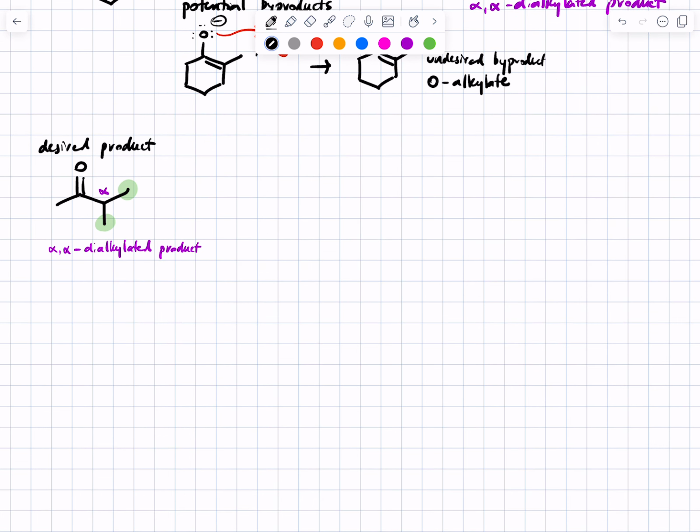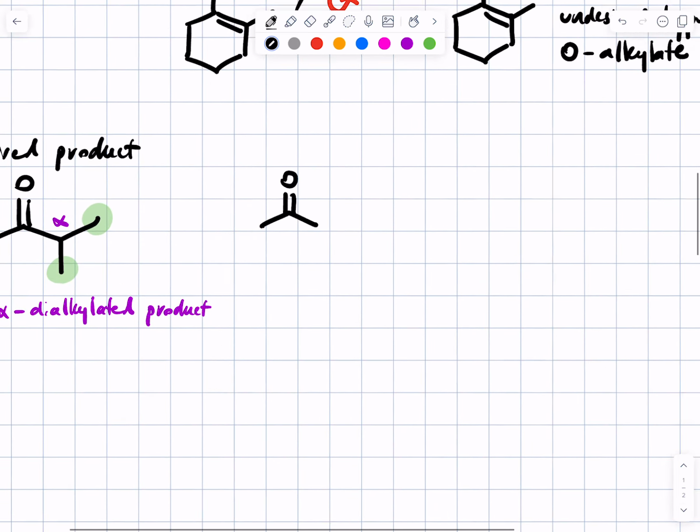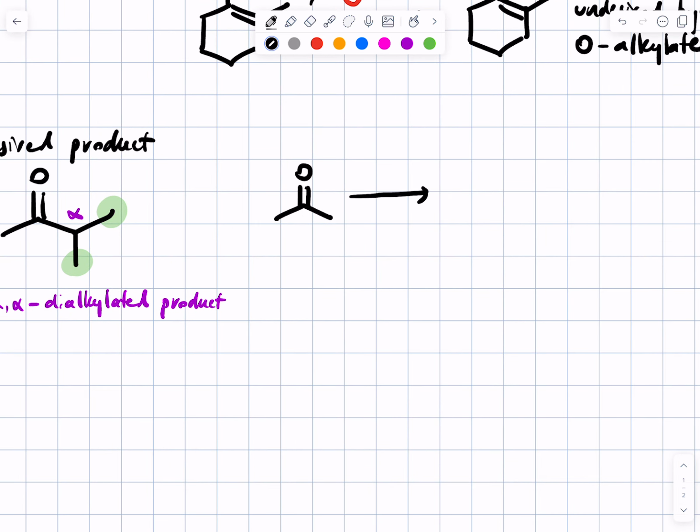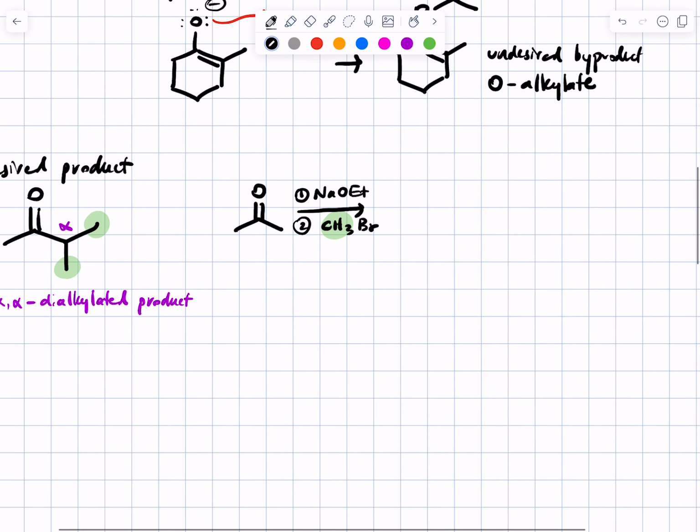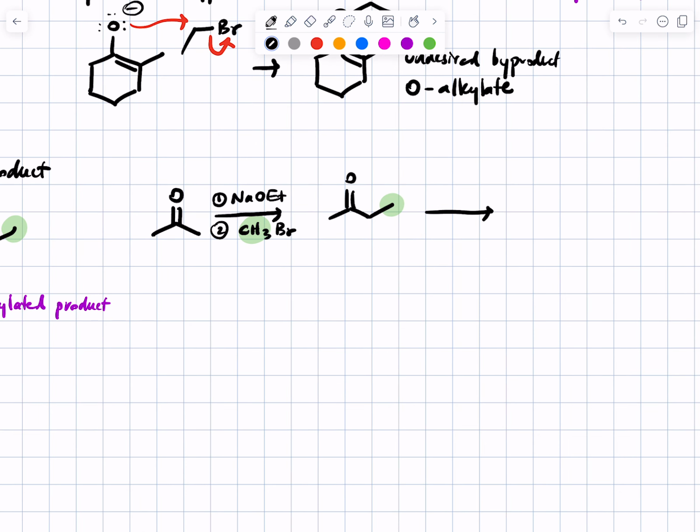One strategy for doing this might have been to start with the simple ketone acetone, use equilibrating enolate formation to introduce a methyl group as my electrophile. This would be the thing that gets attached. After the first reaction, I would have made this molecule. And then I could do a second round of alkylation.